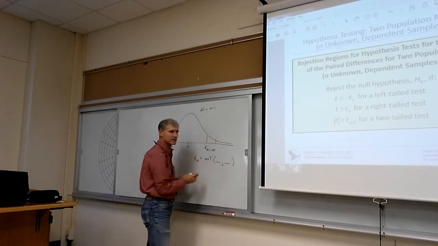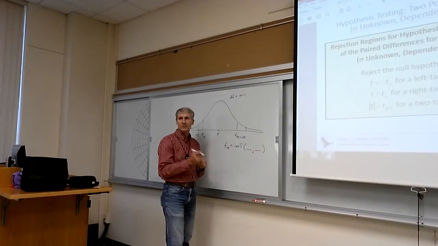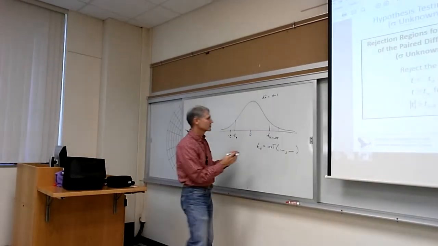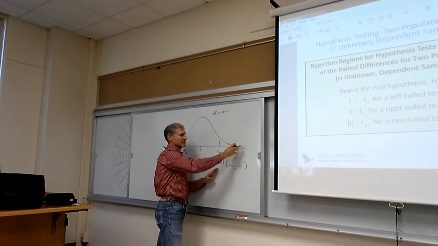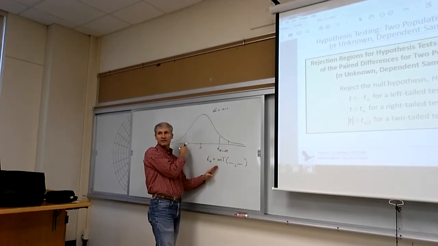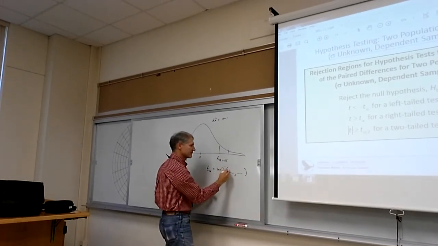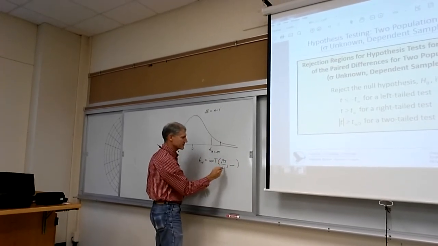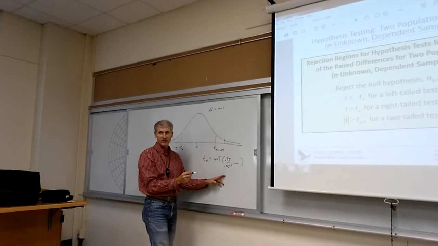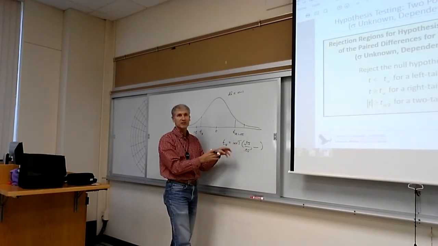What'd you say? Area to the left, right? Well, if I have 0.05 area out here to the right, how much area is to the left? 0.95. Now you could also put in there 0.05, just put alpha in there, and you'd get a negative on the answer, but it'd be the same number.